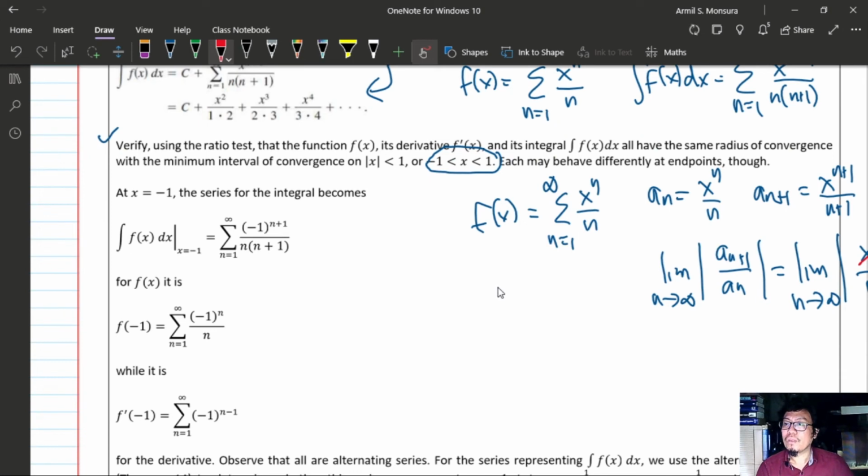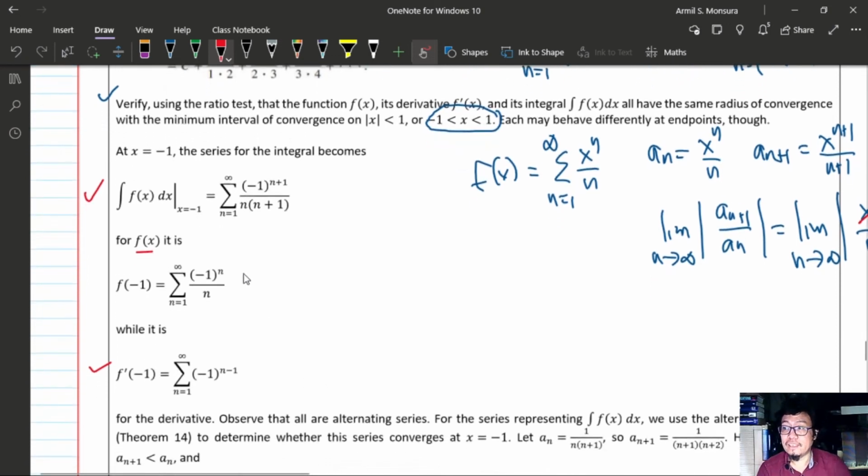Here we did try to determine the convergence at each endpoint for the integral, for f of x, and for the differential. Observe that all are alternating series. We start with the integral.